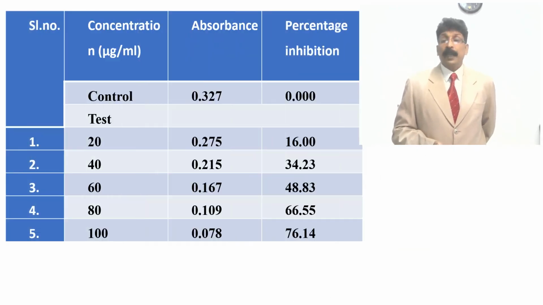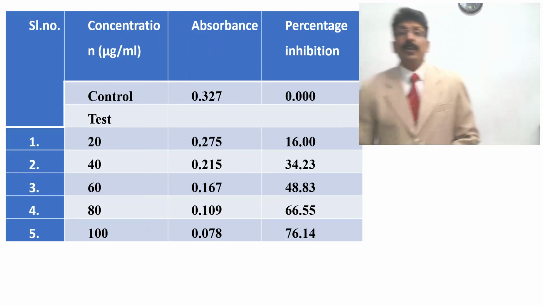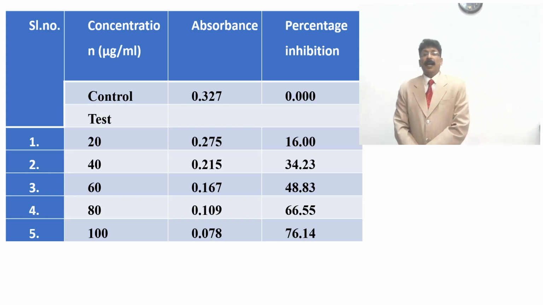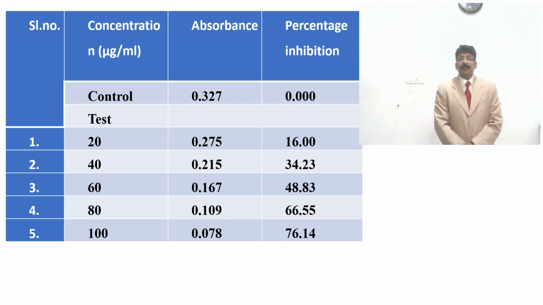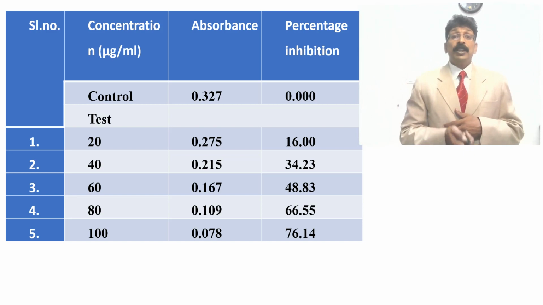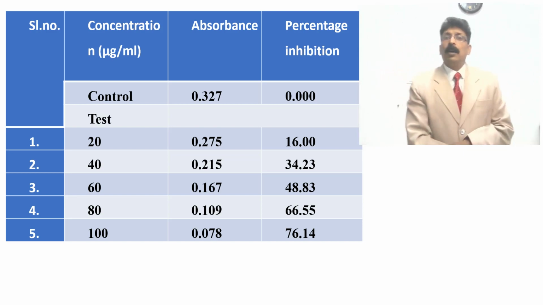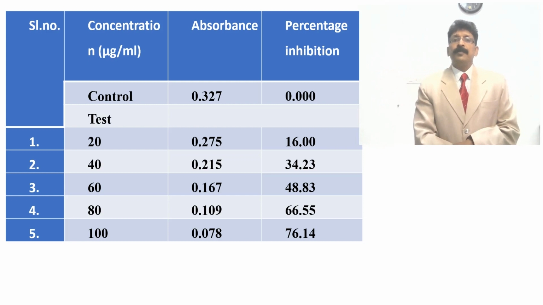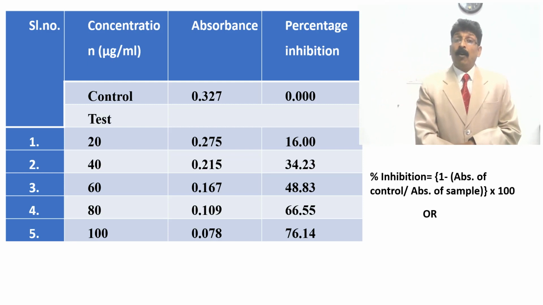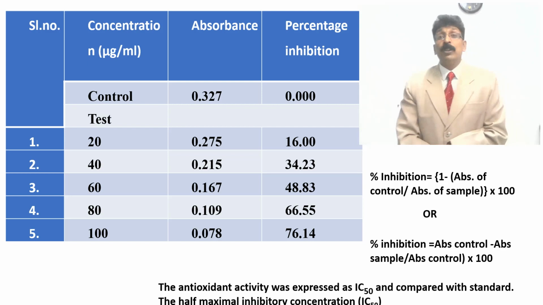So now for the same thing, excuse me, you can see here, and afterwards you can see the next step of the test. This is for the sample of the extract dilution which we made. I made all the calculations for percentage inhibition as shown for the standard.